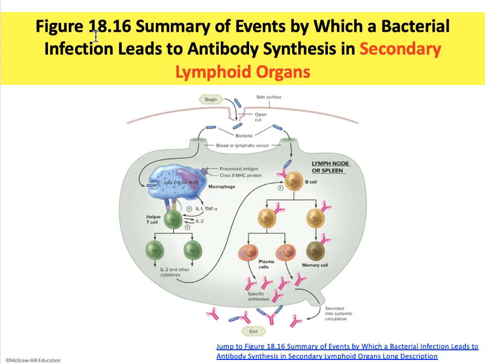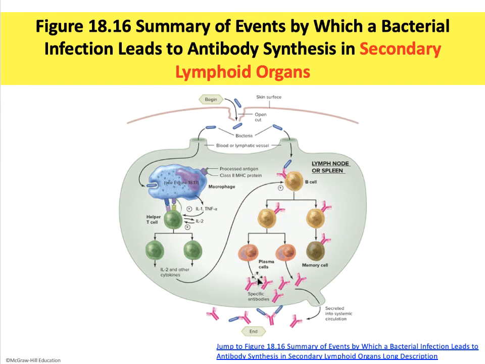Figure 18.16 presents a cartoon showing, in a very simplified form, a summary of how bacteria would be presented to helper T cells or to B cells, leading to some type of response. In this example, the activation of the B cell must have a corresponding T cell that will give permission to the B cell to produce antibodies.